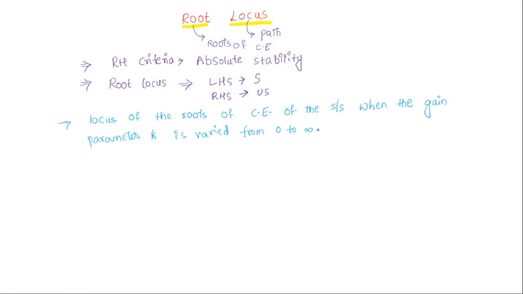So the root locus is nothing but the locus of roots of characteristic equation. Locus means path of the system when the gain parameter k is varied from 0 to infinity.